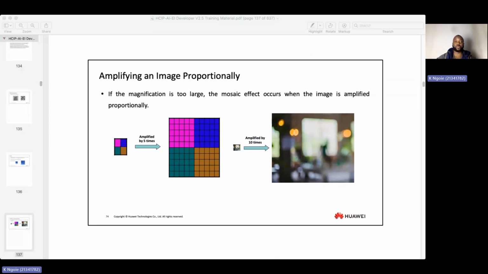So what is proportional amplification here? We're basically resizing an image so that all the dimensions are scaled by the same factor, which means we are preserving the original shape without distortion. The aspect ratio is the width divided by the height, and that ratio remains the same.